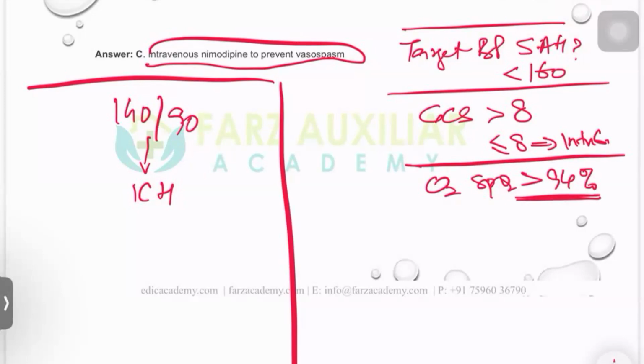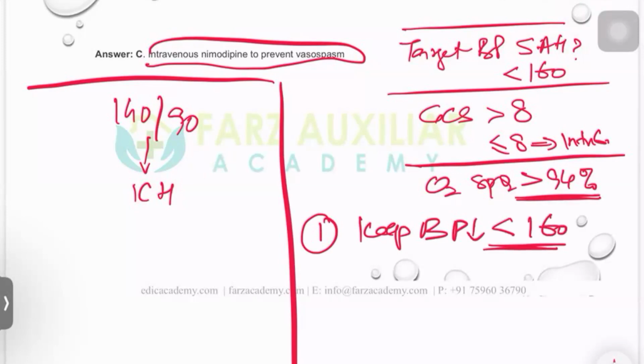So step number 1 in the management is to keep the BP low. How low? 160 and below. What drug to use? Nicardipine or nimodipine. Why not use labetalol?